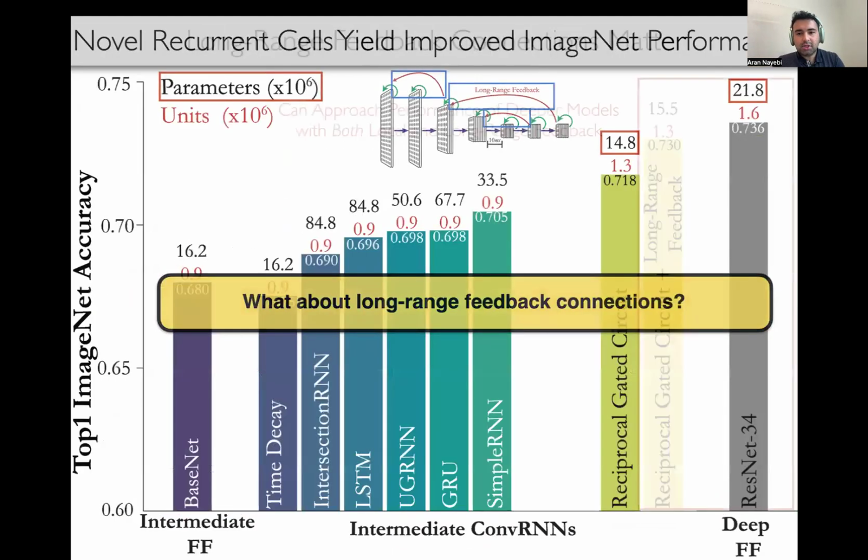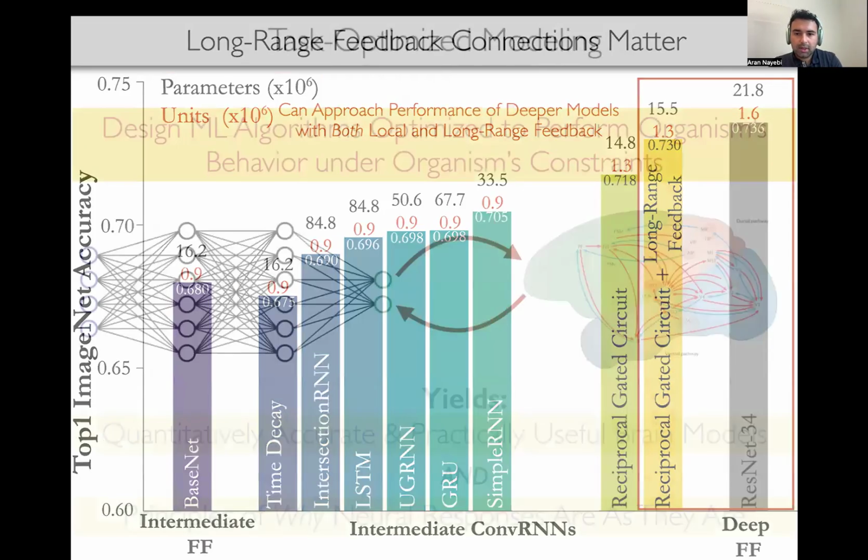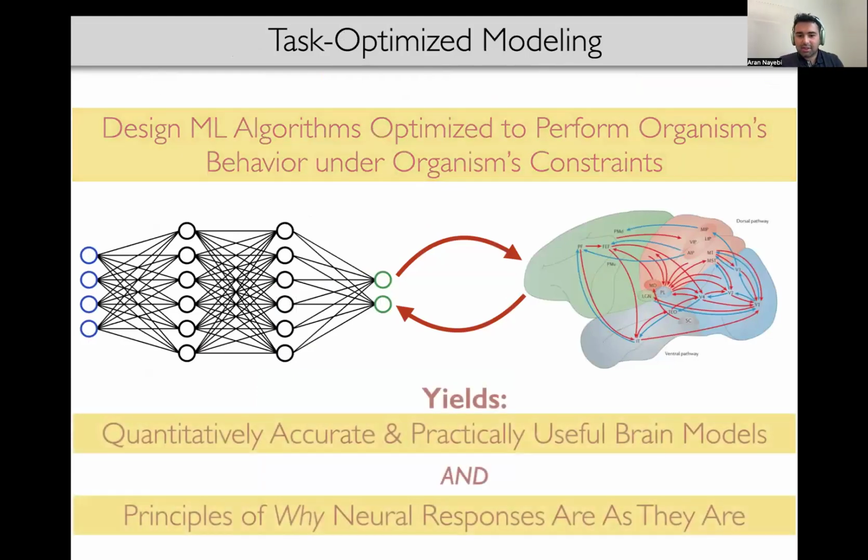So going back to this question, what we found was that we can approach the performance of these deeper models once you have both this local recurrent circuit, this RGC cell, as well as the suitable choice of long-range feedback connection. Now, we spent a lot of time trying to better get at these constraints. Now, what does this yield?